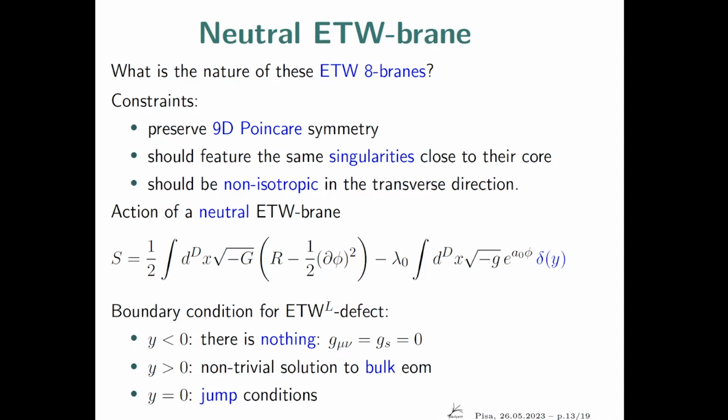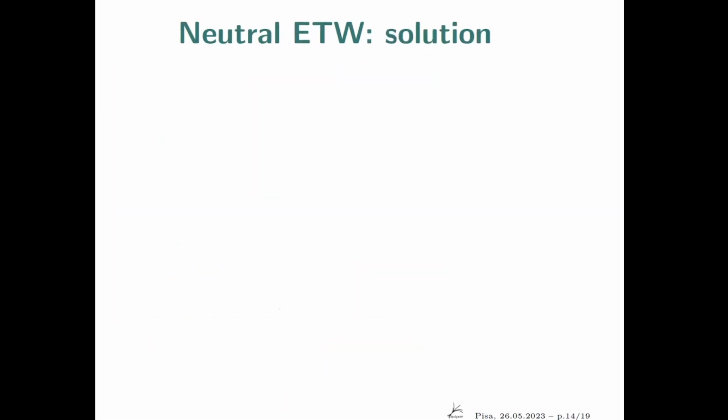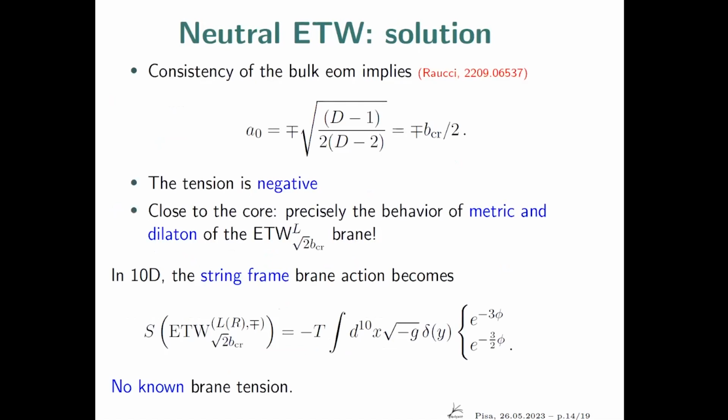If you go into the equations of motion, you find immediately that consistency requires that this parameter in the exponential of the end of the world brane is fixed, essentially to the critical value that we found before.